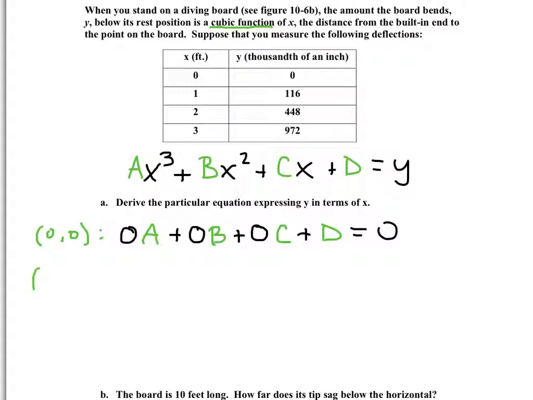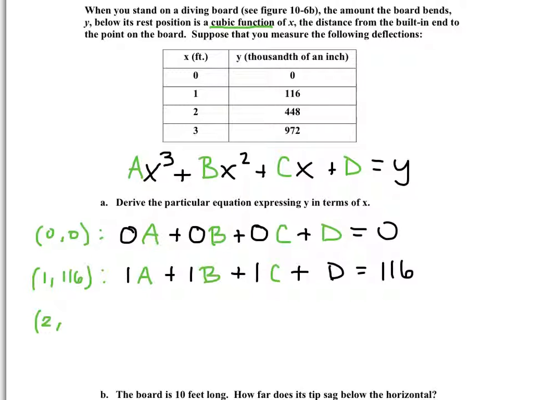When we plug in 1, 116, when x is 1, this time we get 1a plus 1b plus 1c plus d equals 116. Then let's plug in the other 2.